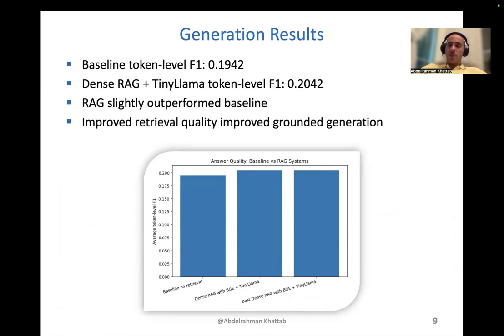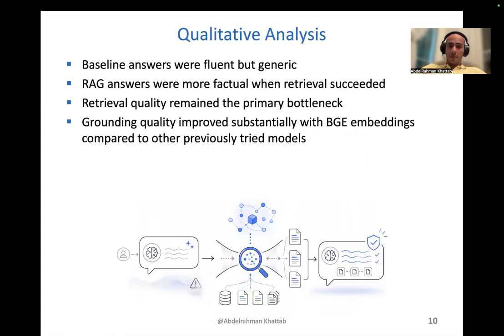However, it proves the concept. The improved retrieval quality improved grounded generation. Like I said, I tried several other retrieval models before I used BGE, and the overall quality of the generation was less. I concluded that it was also because of the retrieval quality.